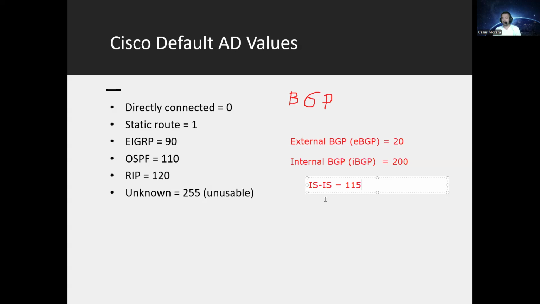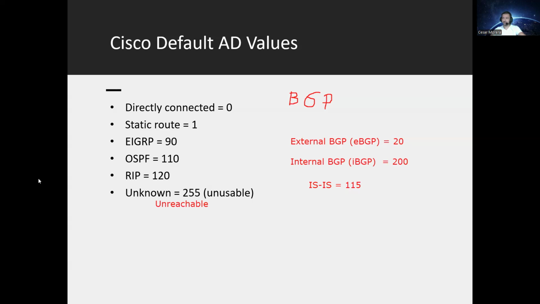If it is unknown or unreachable, it's 255. So I think we're pretty much done with this lesson, or at least this part of the lesson.